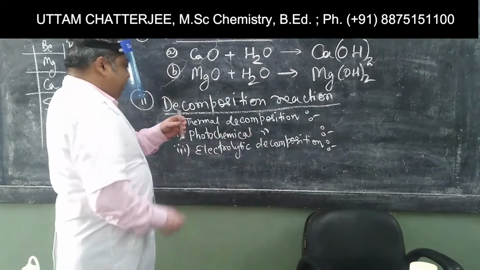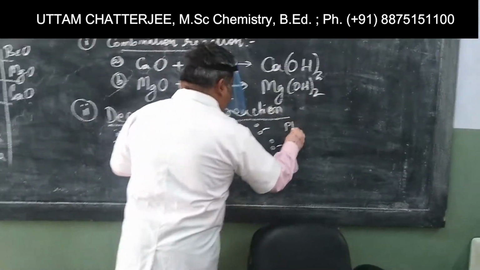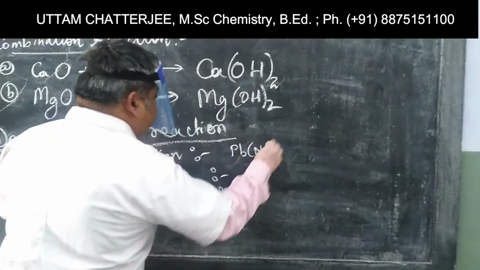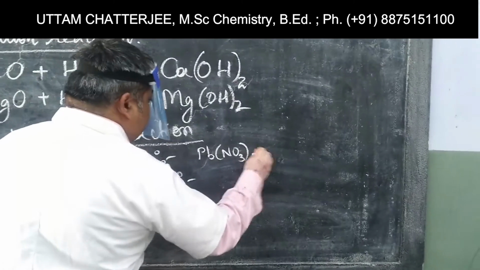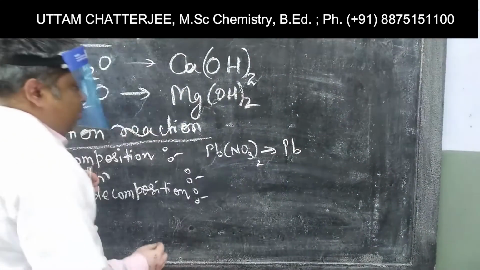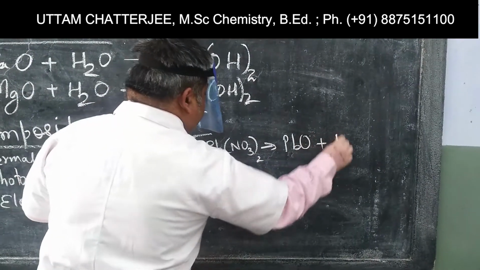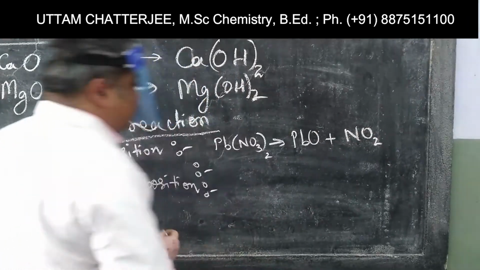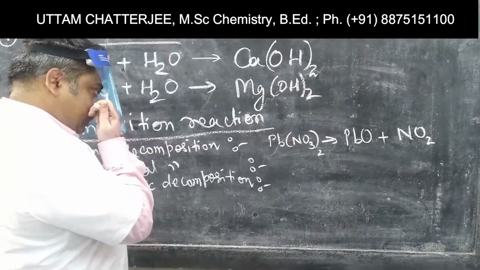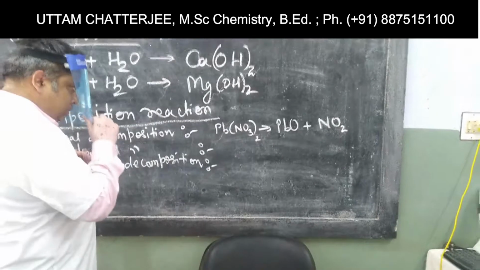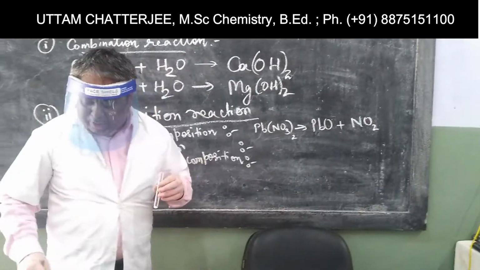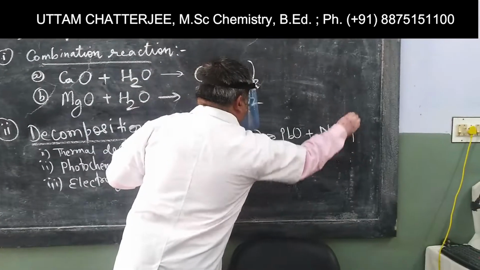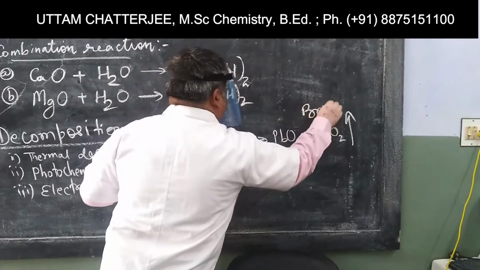I will break lead nitrate. So Pb(NO3)2, I will break it into lead oxide plus NO2 gas. Let us see how it happens, and this NO2 gas will come up as brown fume.